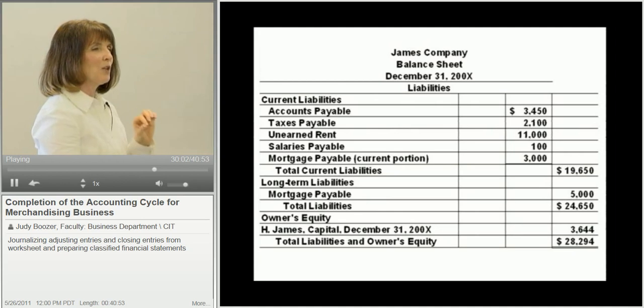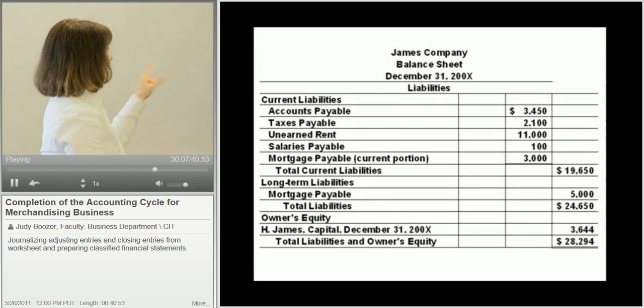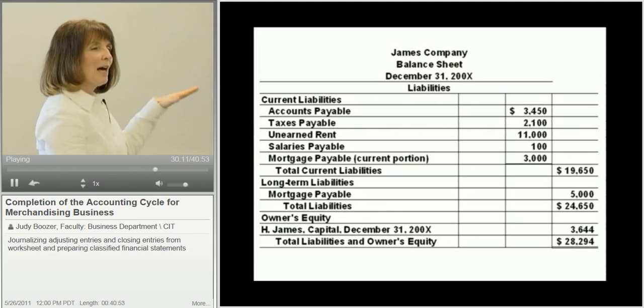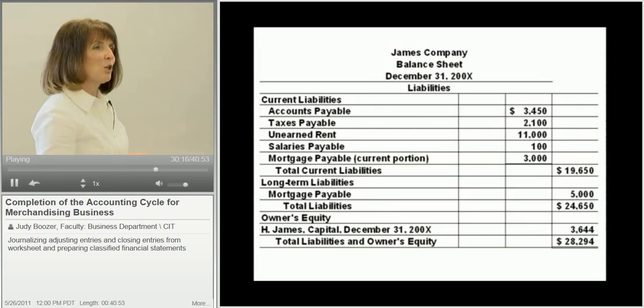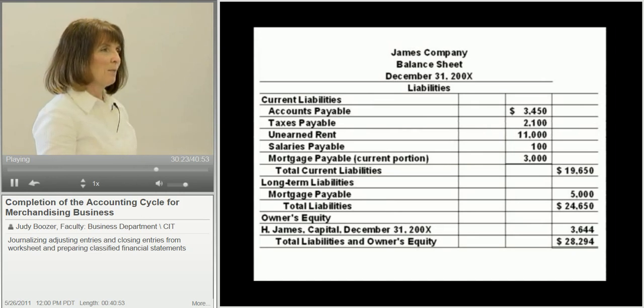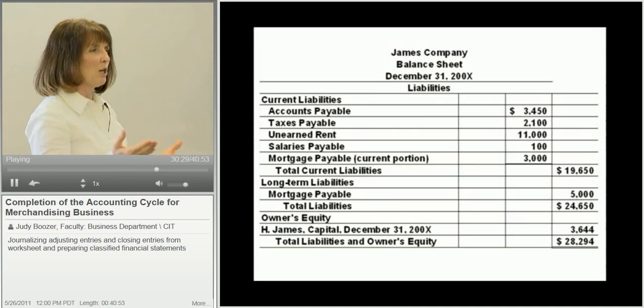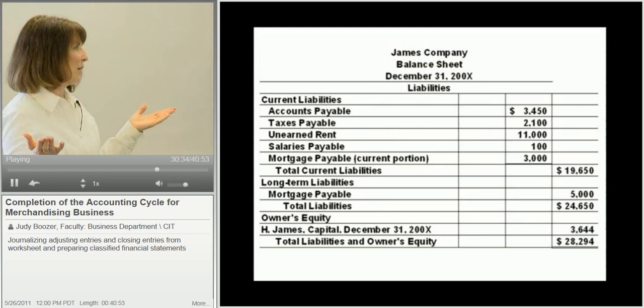After we complete that, we have the new improved capital amount. And that's what gets put on this balance sheet. So if we add all the liabilities together along with the capital, it should agree with our total assets. And if it doesn't, something is wrong. Someplace in the accounting cycle, you've missed something. But again, the balance sheet is meant to keep that accounting equation in balance. Assets equal liability plus owner's equity.